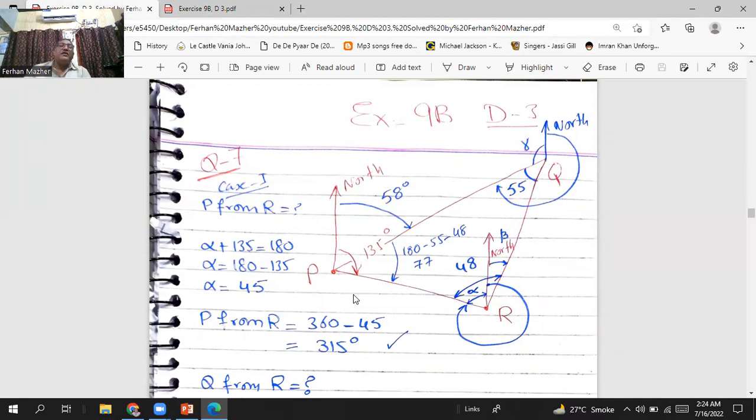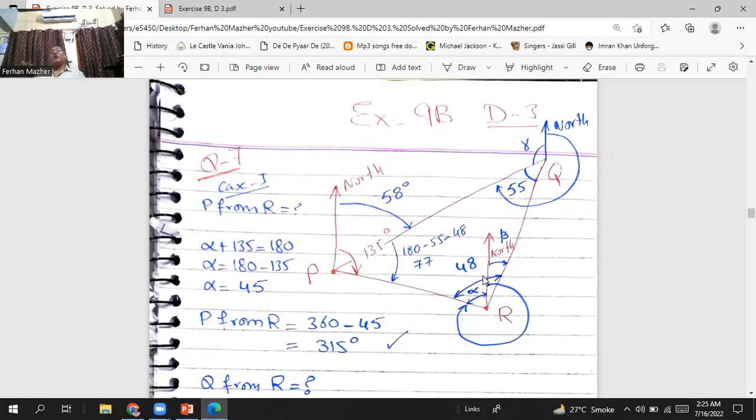And then they told us that this angle is 48. On R, I draw a north and check how much this angle will be. This is alpha. It's a very important technique which I am telling you. 180 minus 135, so that angle will be 45, which is less than this 48. It means that this side of the triangle should be on the right side of this north.